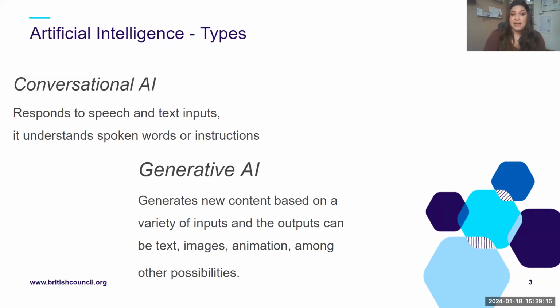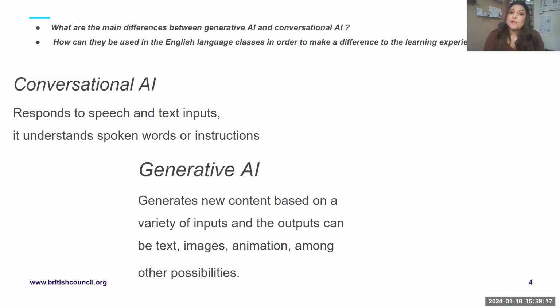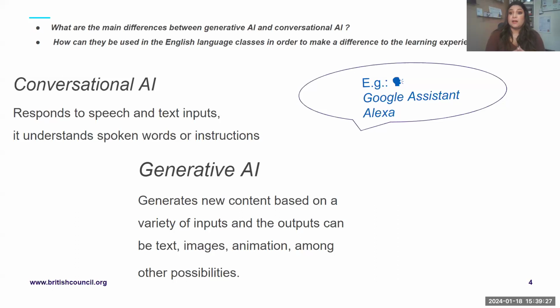Conversational AI responds to speech and text inputs that are simple and straight to the point. I'd like to give the examples here of Google Assistant and Alexa. So basically, you have to be careful that your phone has English as its language, so it will reply in English. And you can ask questions about, for instance, the weather or capital cities all the time.